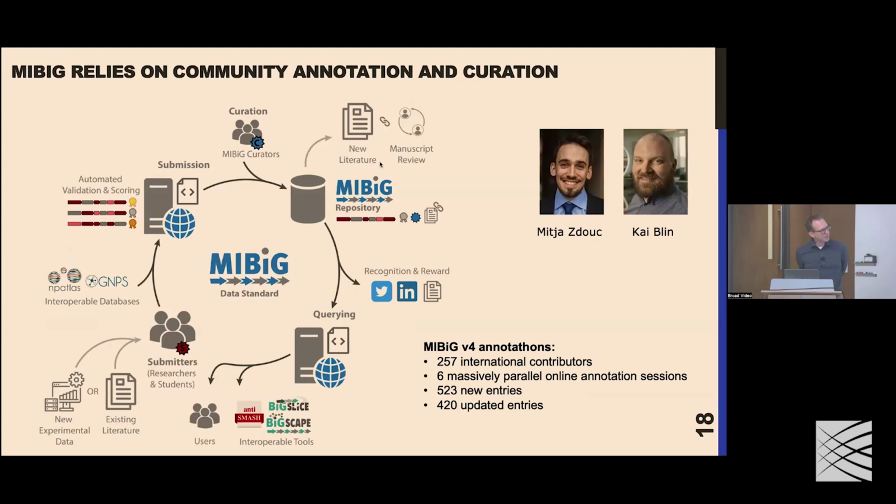So coming back briefly to this database of known biosynthetic gene clusters, this is also a really fun project, which has really been an open science initiative. Earlier this year, we ran massive online parallel annotation marathons. We had six half-day Zoom sessions with more than 250 people who all came online to annotate all of these gene clusters in a standardized way. They're subdivided into teams based on their expertise.